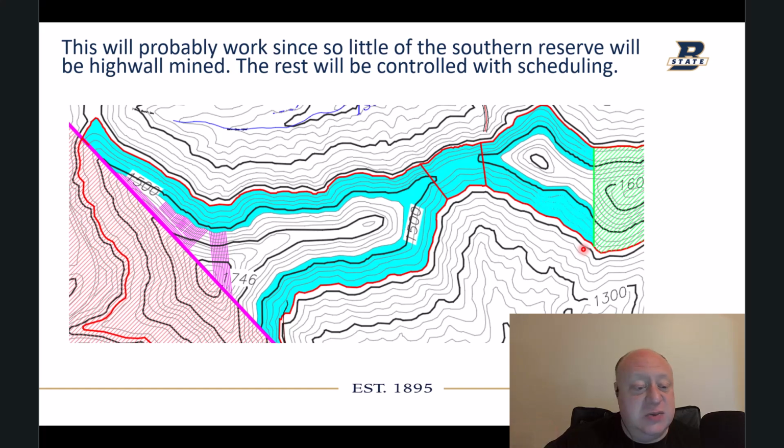Like I said, I was trying to get into this in the previous slide before I mentioned the truck match. What I was trying to get to was that this will probably still work out, right? One of the reasons is that a lot of the Southern Reserve is not going to be highwall mined. The rest of the mining you can control with scheduling, right?